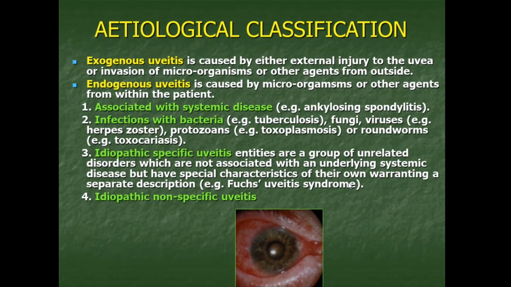And endogenous uveitis is caused by a microorganism or other agent from the patient's body. Now we will speak about endogenous uveitis, because exogenous uveitis we will discuss during the traumas. So endogenous uveitis may be associated with systemic diseases, infection, or idiopathic.